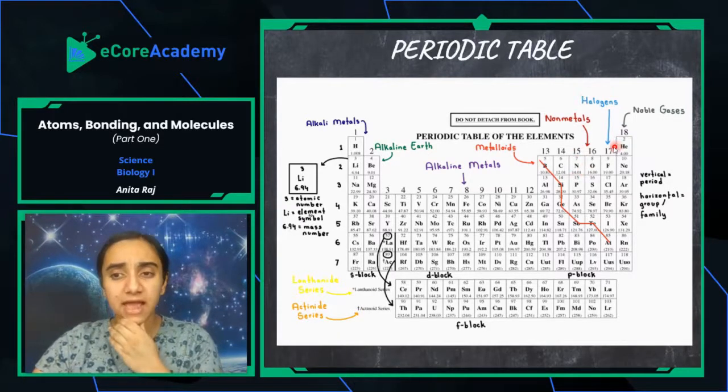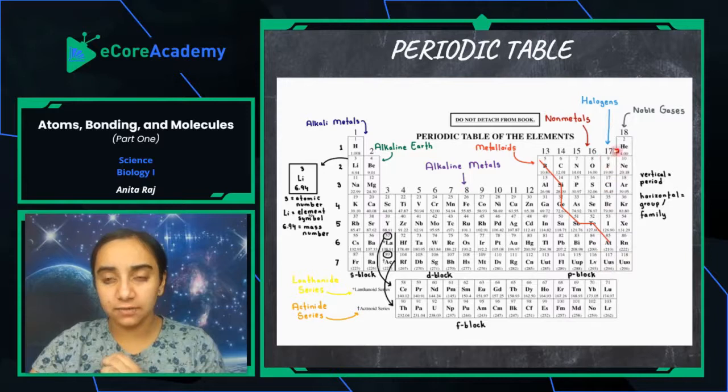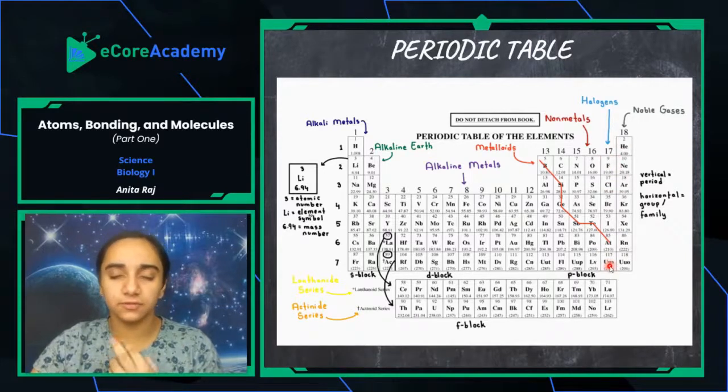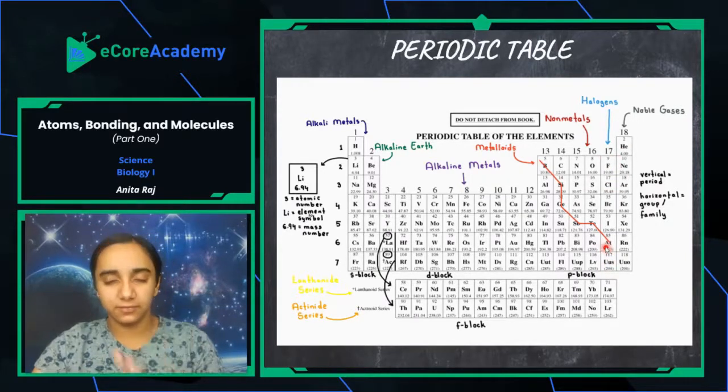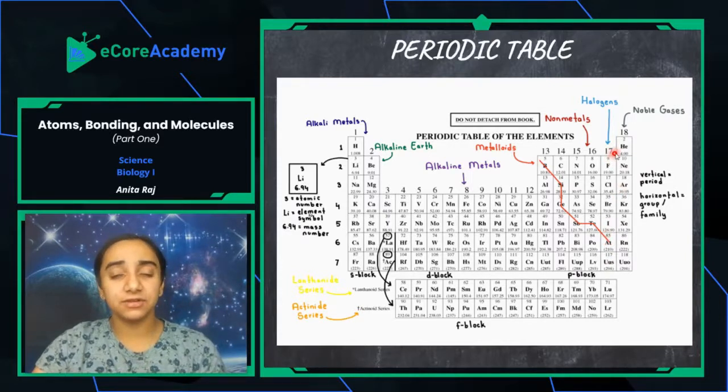Here we have the halogens, which are period 17. The halogens are probably the most reactive elements on the table. If you don't understand it, I will explain it when we do chemistry later on in a separate course, but they have 7 valence electrons. And every atom is looking to have 8 valence electrons. 8 valence electrons makes that atom stable.